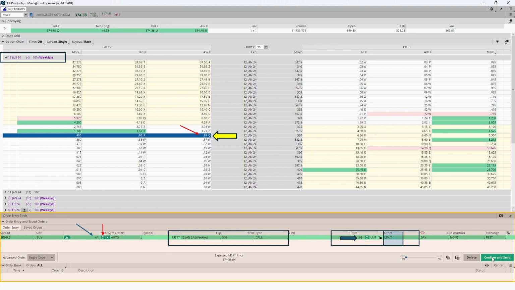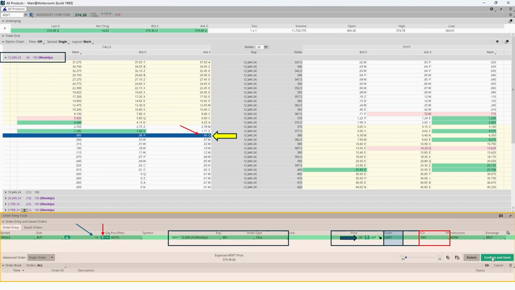Then on this order section, you don't have to worry much about this because we'll discuss it in another lesson, but I'm choosing a limit order. It's basically a type of order where the price will be executed if it goes to that ask price. But again, don't worry about the details. I'll explain that later. And this other section explains the type of order that I want to execute.